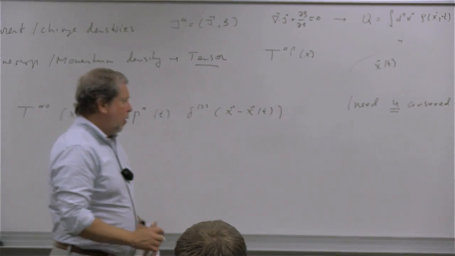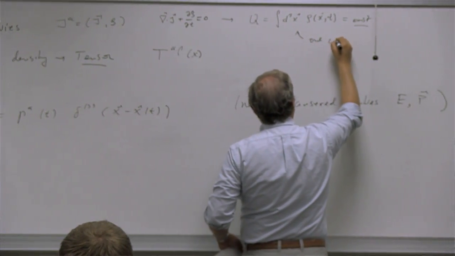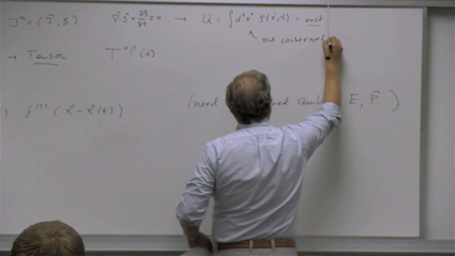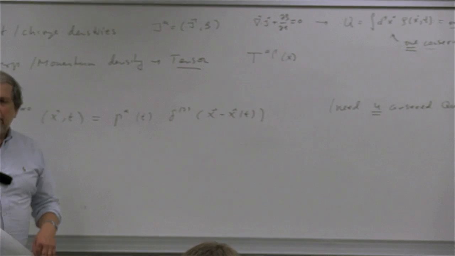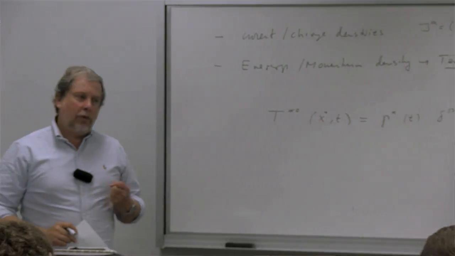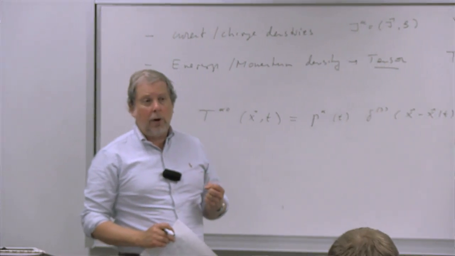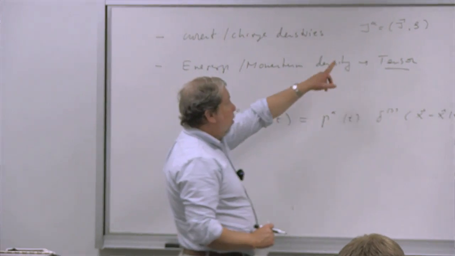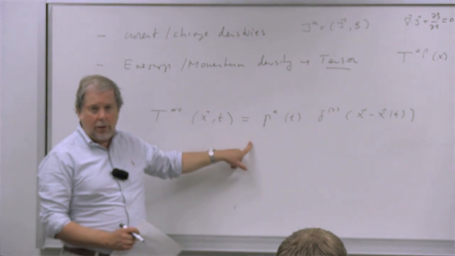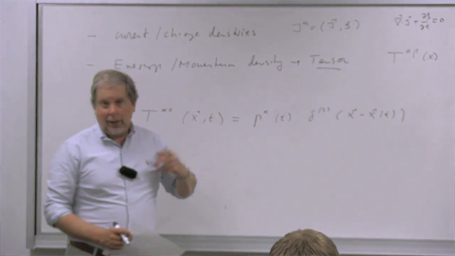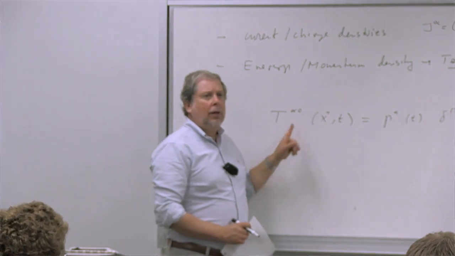We need to have 4 of those, and in this case, we have 1 conserved quantity, right? Here we need 4, right? So the very basic fact that in electromagnetism there is only 1 conserved quantity, whereas when you look at energy momentum there has to be 4, tells you that the analog of this J in electromagnetism has to have more indices. Has to have more indices, right? And so, in fact, the answer is that it has to be a tensor with 2 sets of indices, right?